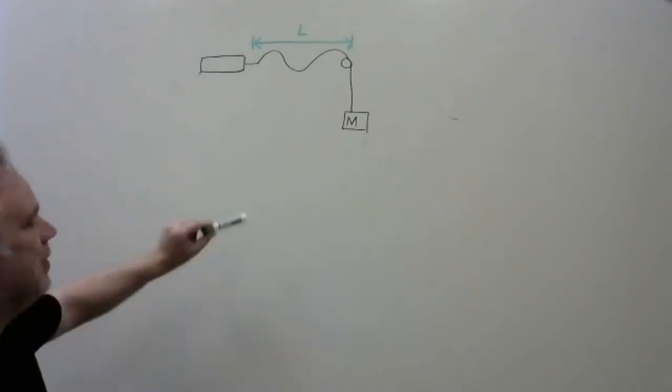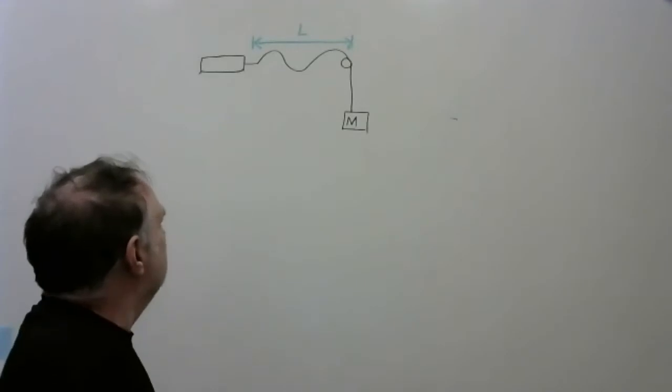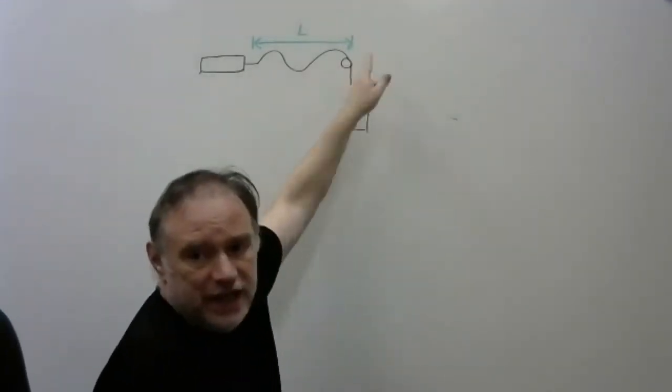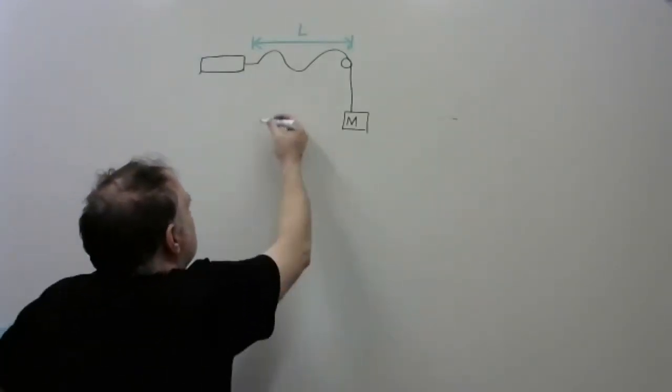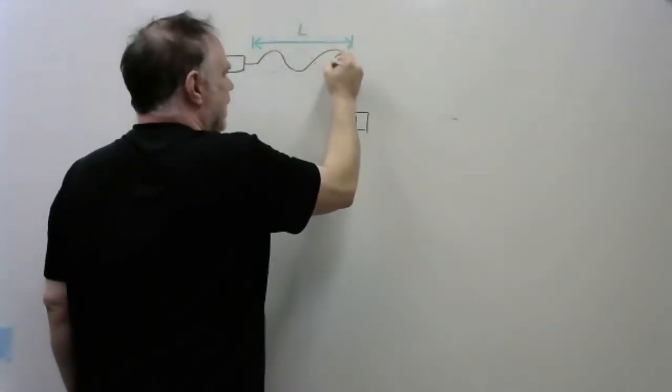Now the thing is that with any kind of wave on a string, I can only fit certain patterns, because this has to be at the middle and this other end has to be at the middle, or in places we call nodes. And what will happen is this wave will vibrate up and down like this, because the two ends of the wave are fixed.